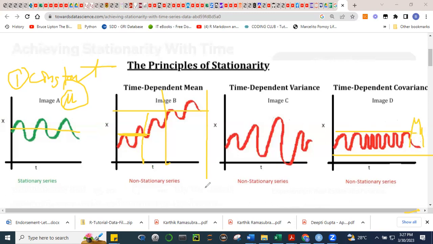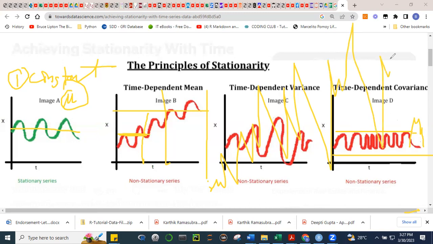Unlike if you have a time series that's like this, what do you notice? The variance of the data is increasing across time. So this is what we call non-constant variance. This is constant variance. This one, the variance is not changing over time. It's the same. So this is what we call a stationary series.